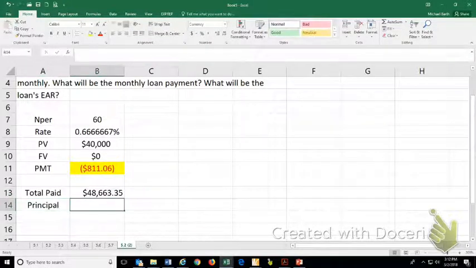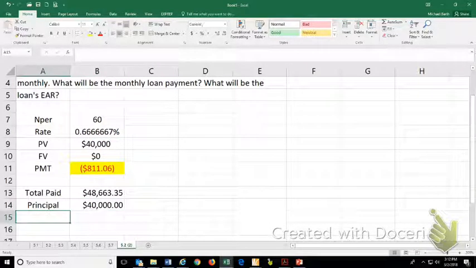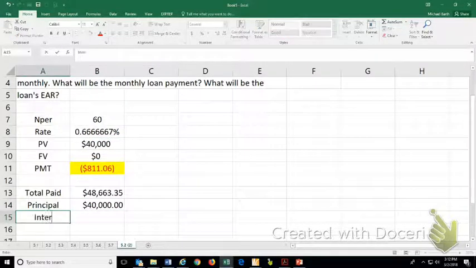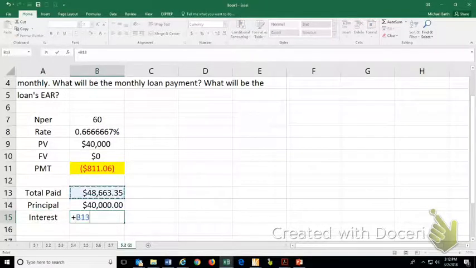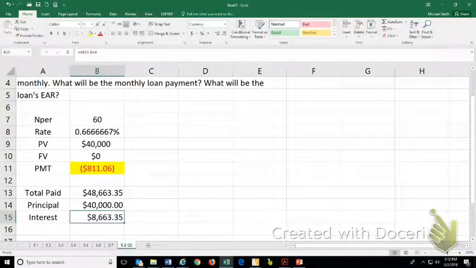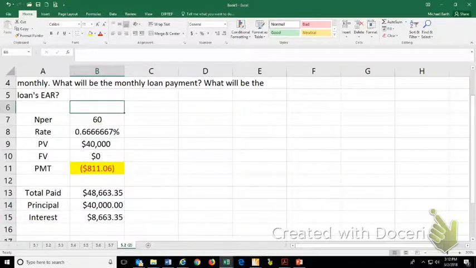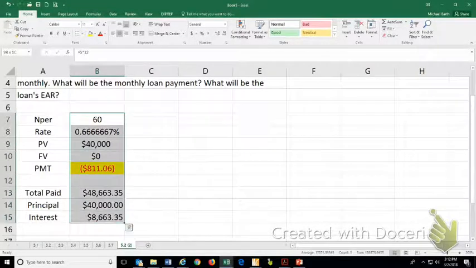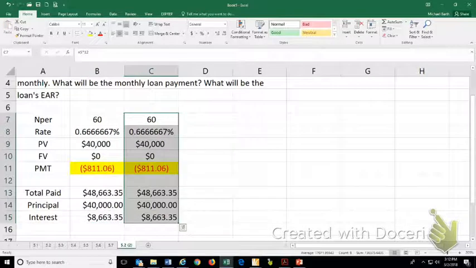The principal is how much of their money that you have, so the total interest you pay would be the difference. That means over the 5 years you'd pay about $8,663 of interest.